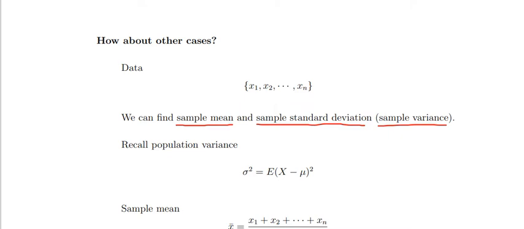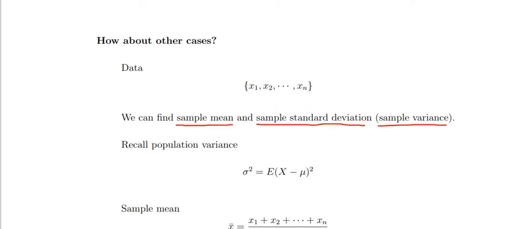So for mean, we have two means: population mean and sample mean. For variance, we also have two: population variance and sample variance. Standard deviation, the same thing: population standard deviation and sample standard deviation. Okay, so don't get confused.